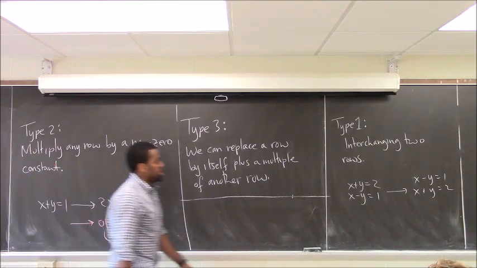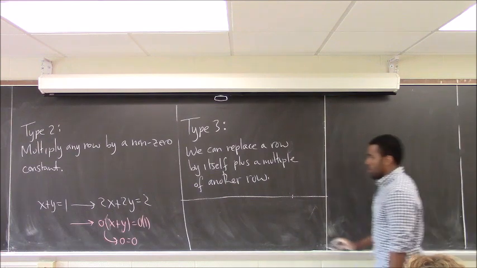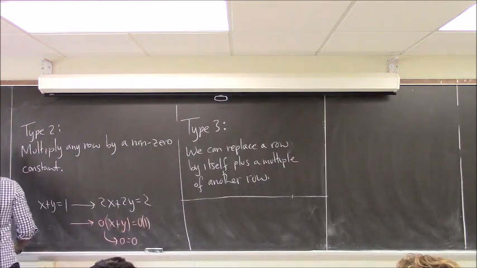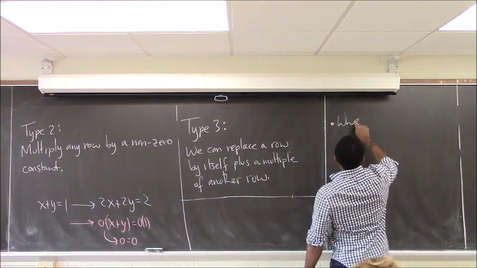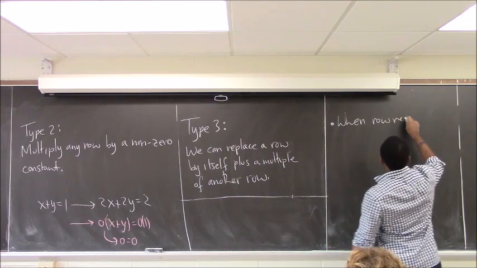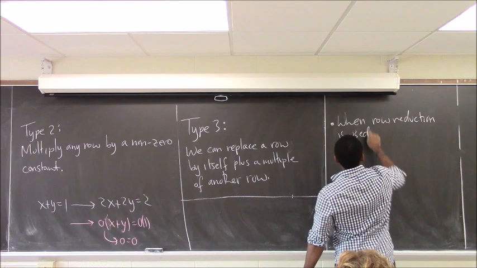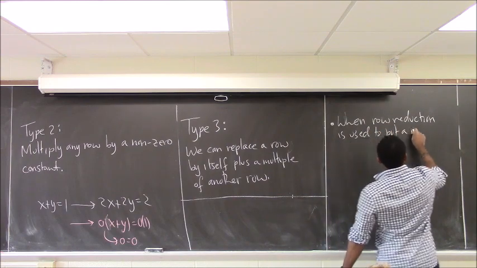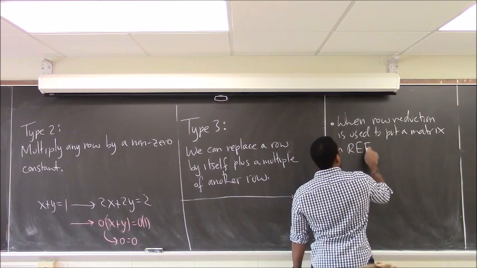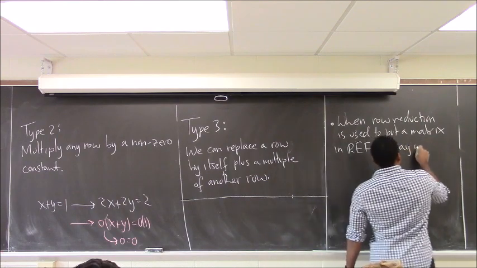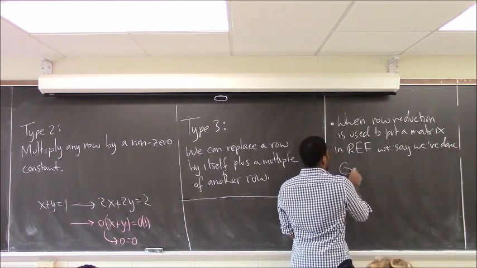2 more names, and then we're out of here. When row reduction is used to put a matrix in REF, we say we've done Gaussian elimination.